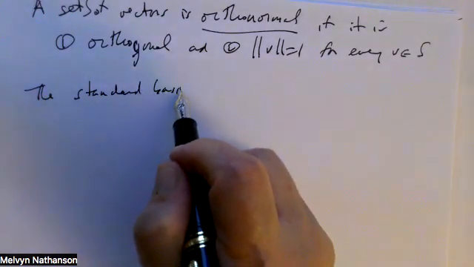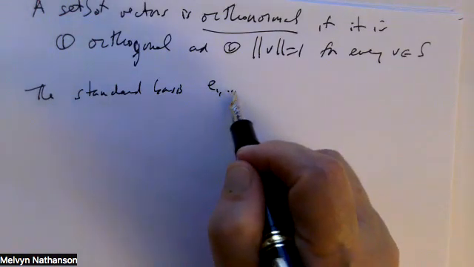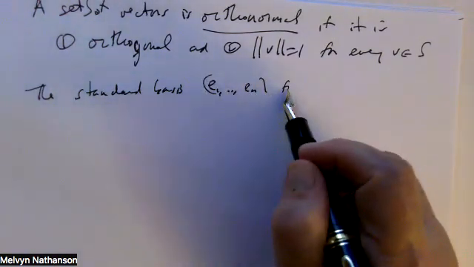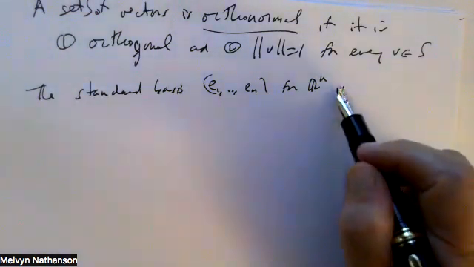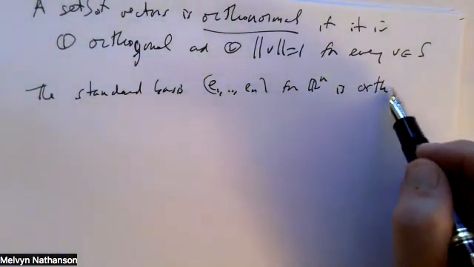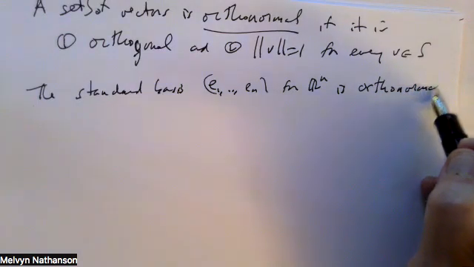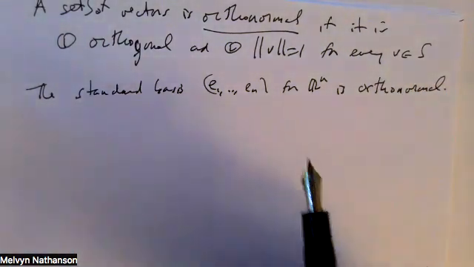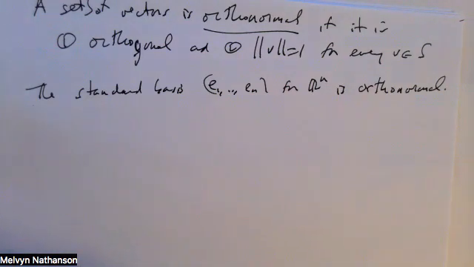So the standard basis e1 up to en for Rn is an orthonormal basis. Every vector has length 1, and they're mutually orthogonal or mutually perpendicular. And an orthonormal basis for a vector space is very nice.